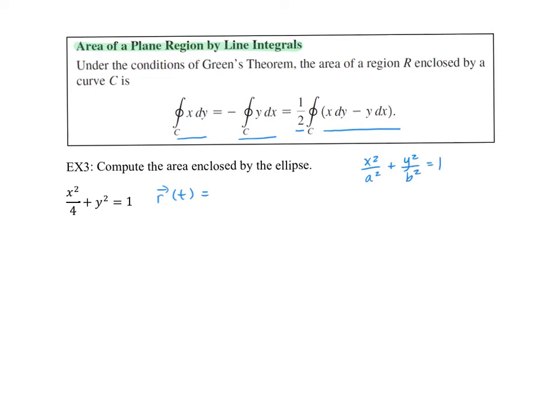So when I write this curve, I can write it as a cosine t, b sine t. So that would give me the ellipse with a center at the origin, which this is centered at the origin.